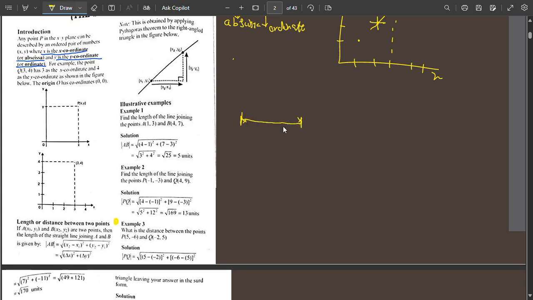So the distance between 2 points forms the magnitude, or length, of the line.